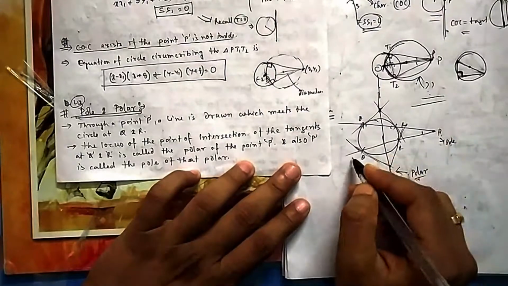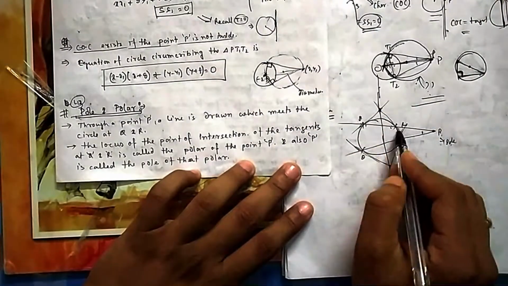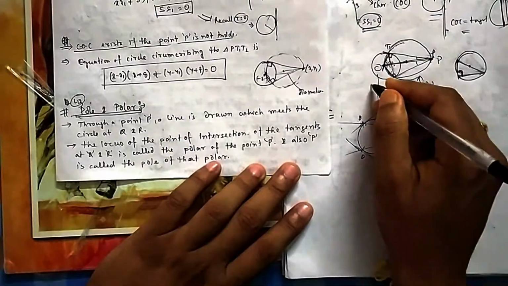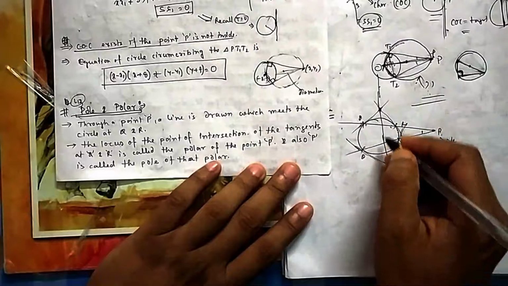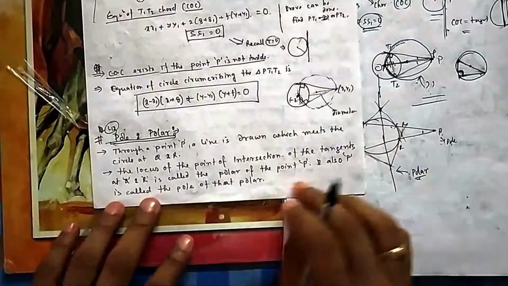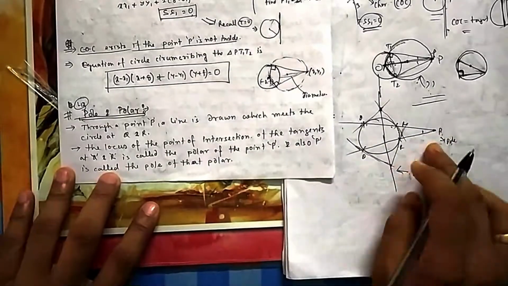I can draw lots of lines, but if I draw more lines it will be complicated and you cannot understand, so I have drawn only 2 cases. If you draw any line, the intersecting point will always be on this line. So that is known as the polar of that point P, and P is known as the pole of that polar. So how to find this equation?